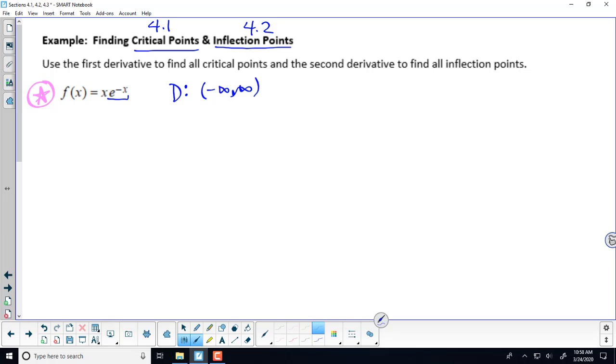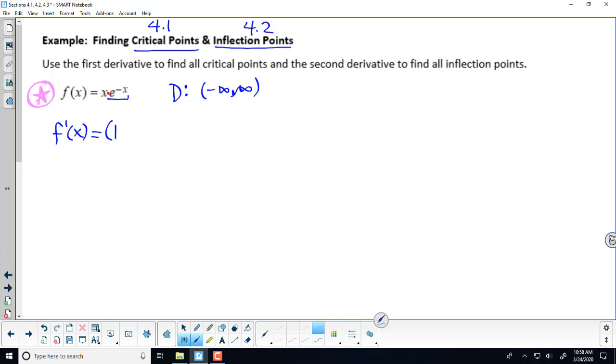All right, so first derivative to find the critical points. We could also determine local max and min while we're at it. So first derivative, good review here. Once again, product rule. Okay, so here we go.